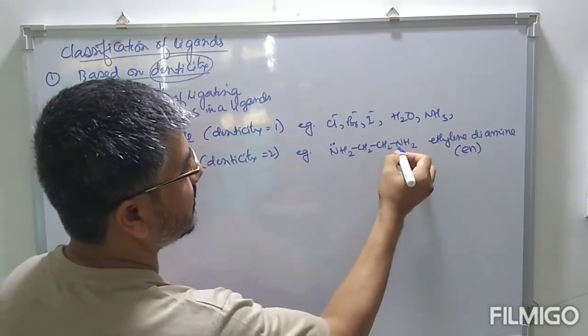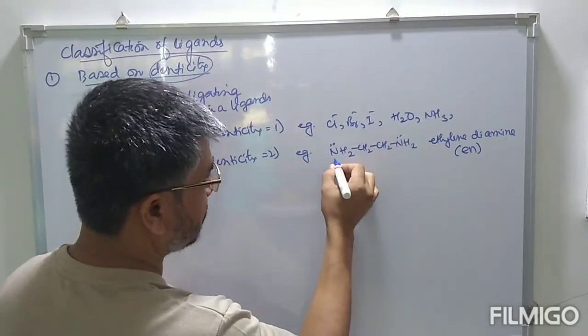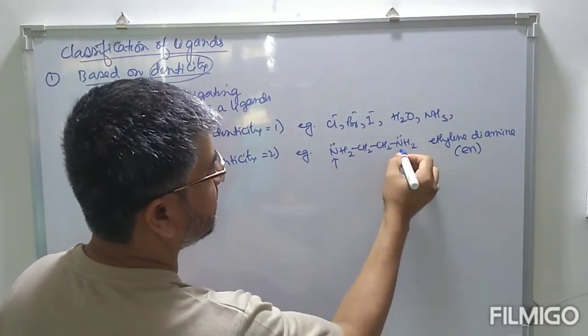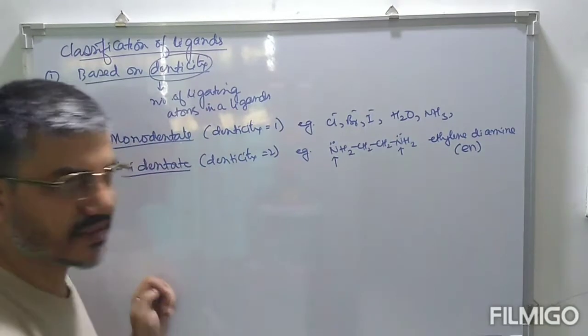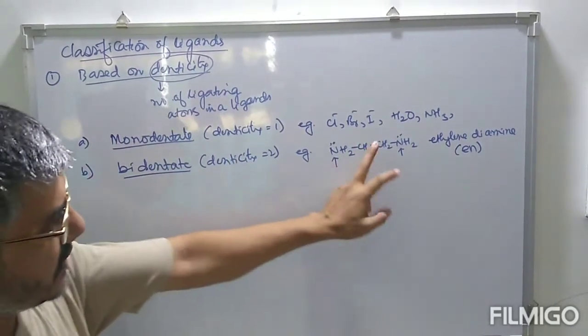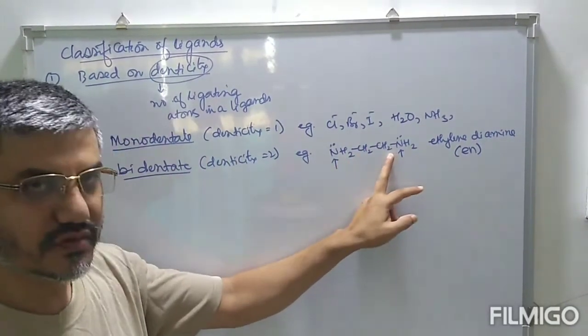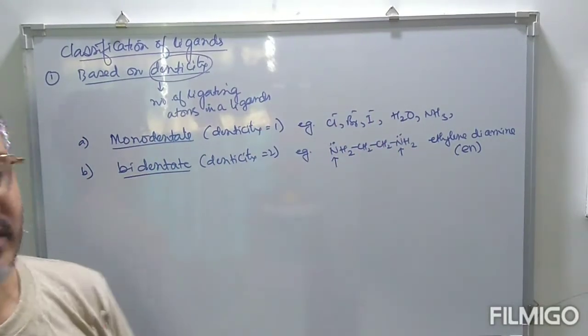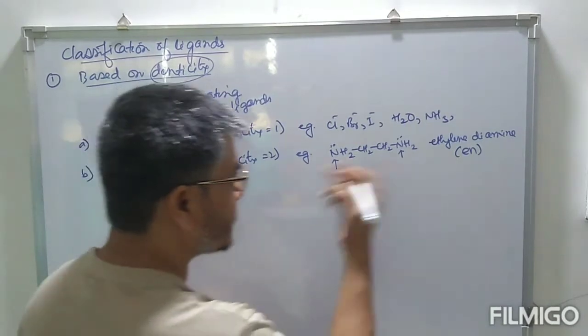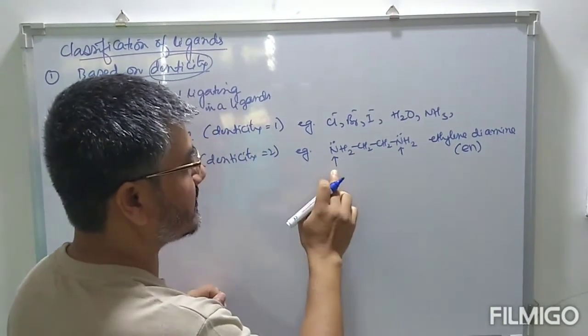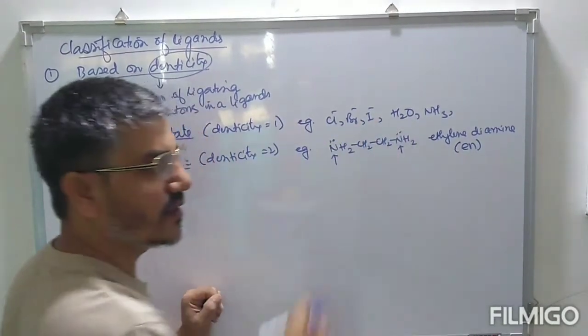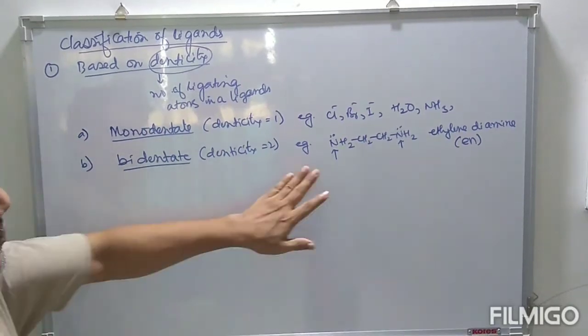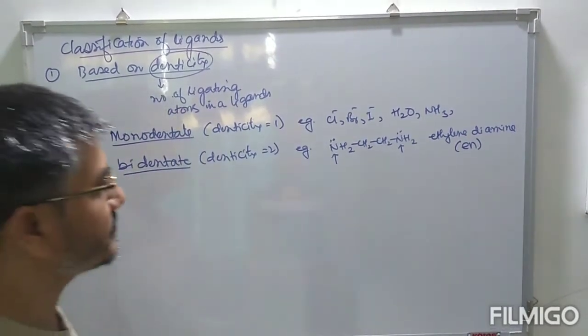This nitrogen has a lone pair of electrons, so this nitrogen acts as a ligating site. This also acts as a ligating site. So we have one ligand, but there are two atoms through which bonds can be formed simultaneously to the central metal. So the number of ligating sites is 2, which we said is denticity. So denticity is 2 here.